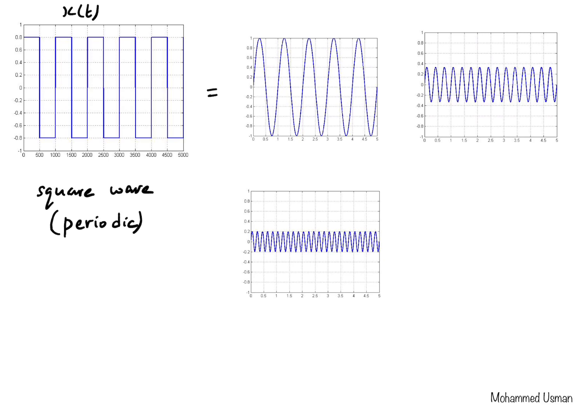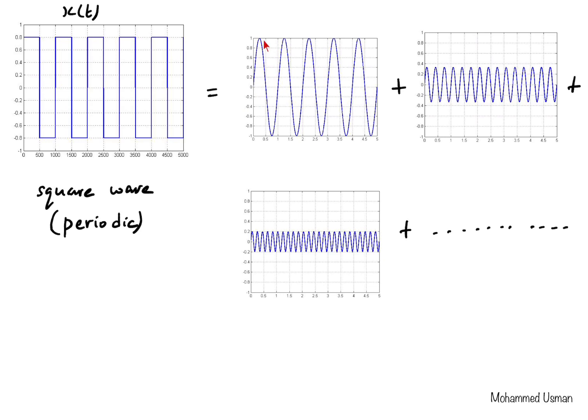So that square wave is equal to a sinusoidal component of some frequency plus another sinusoidal component of another frequency plus another of a different frequency, plus, and it has many more terms. If we keep adding all these sinusoidal frequency components, it will give back our original square wave signal. So the periodic signal x of t is decomposed into its individual sinusoidal frequency components.